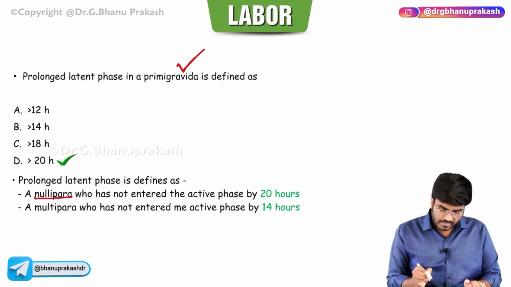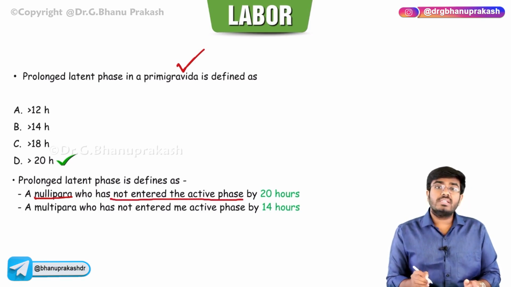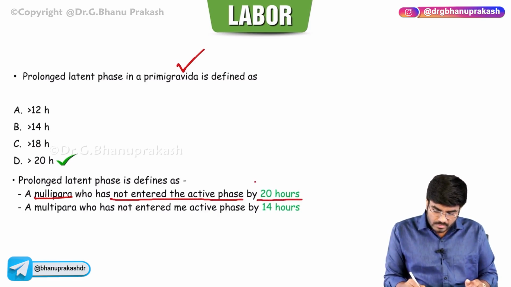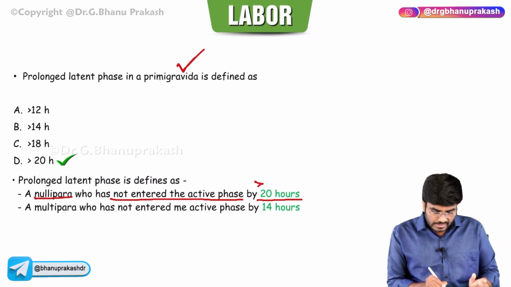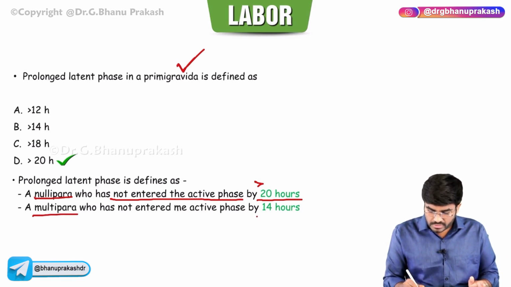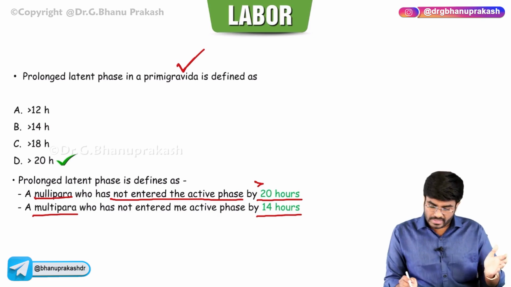In a nullipara female who has not entered the active phase, which means she is still in the latent phase for more than 20 hours, we are going to call that a prolonged latent phase. But in a multipara woman, if she is in the latent phase for more than 14 hours, then we are going to call that the prolonged latent phase.